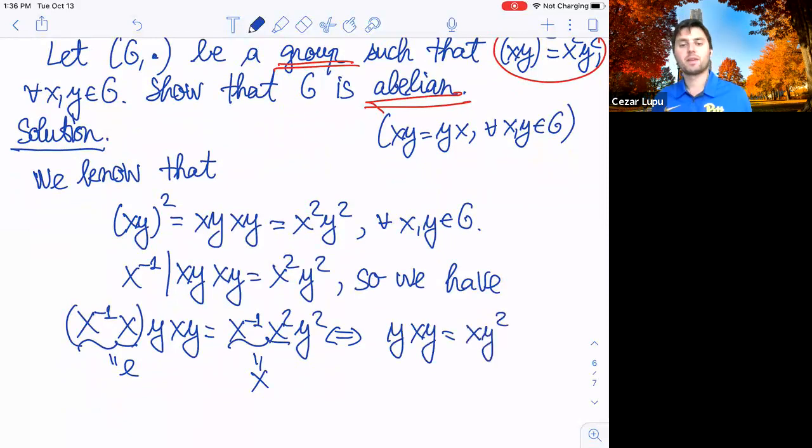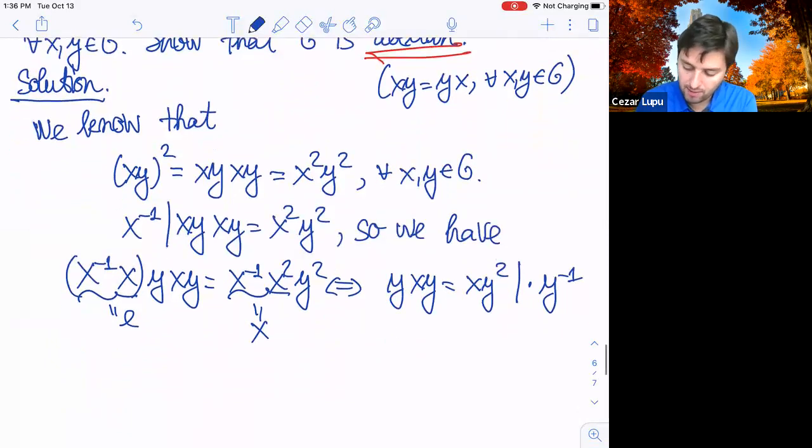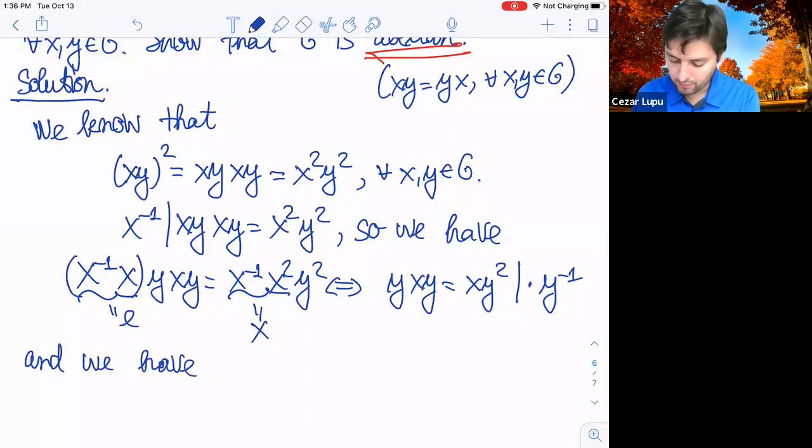Now what? Can you tell me what we should do now? Well, what Jack said, we can multiply by y inverse to the right. Pay attention, I multiply to the right.